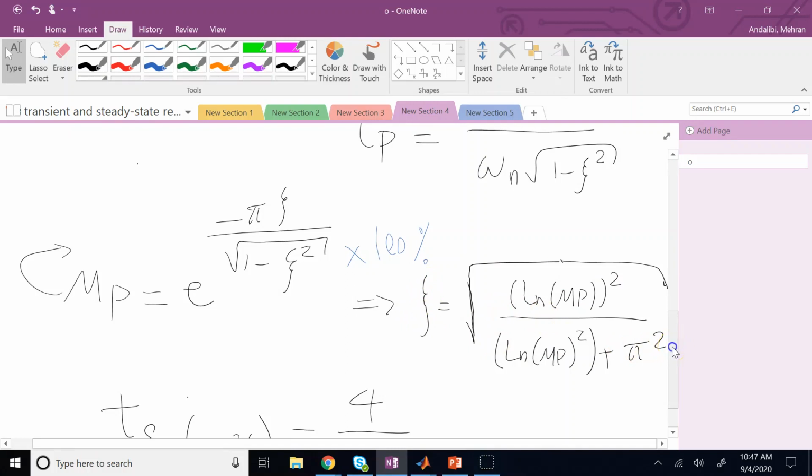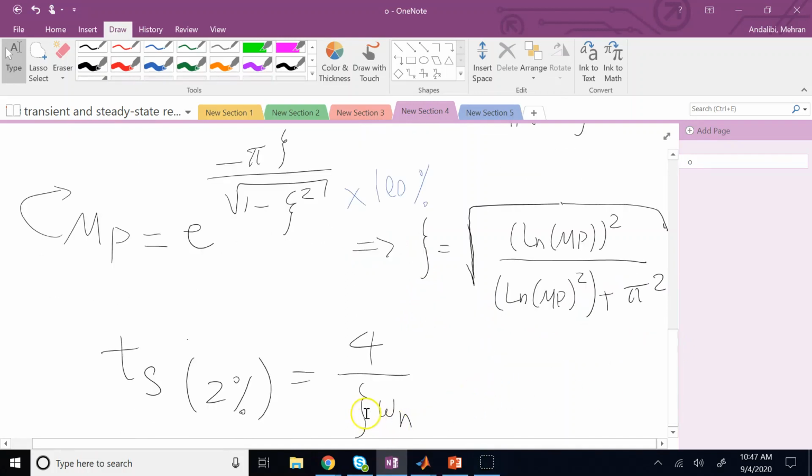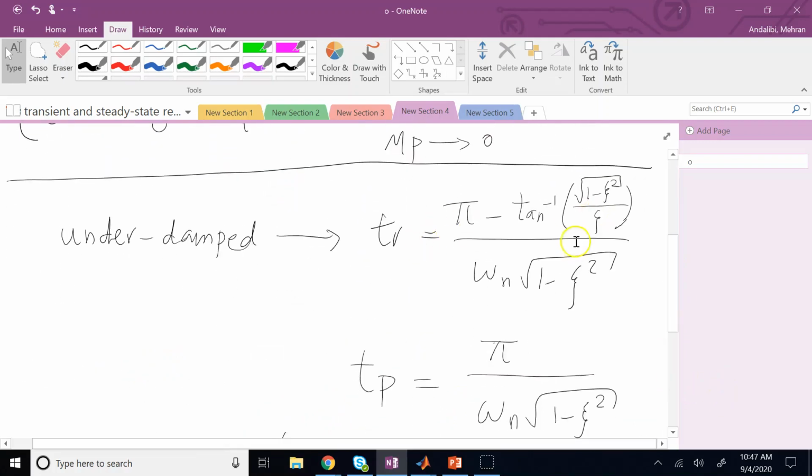Then let's say they give you a settling time. Once you know settling time and zeta, you can solve for omega n. Or they give you a rise time and maximum overshoot. Again, once you know zeta, the only unknown is omega n, whether they give you rise time, peak time, or settling time. Sometimes they might not give you maximum overshoot.